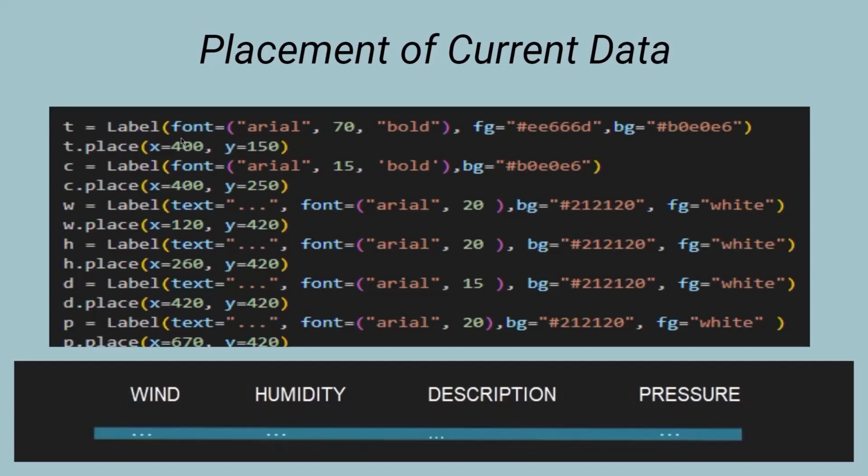The label's font is Arial, size is 70 and it's bold. The text color of the label is this coded color and the background color is this coded color. Then we position the temperature variable on the screen at 400 and 150.